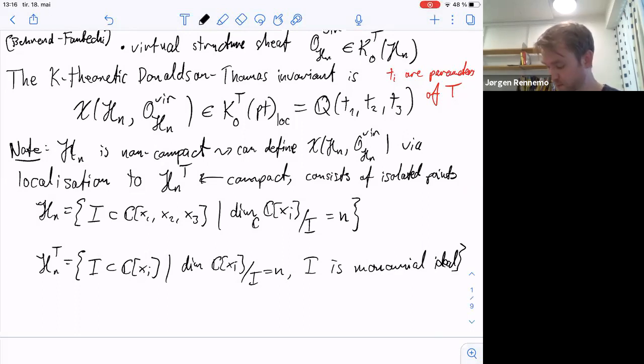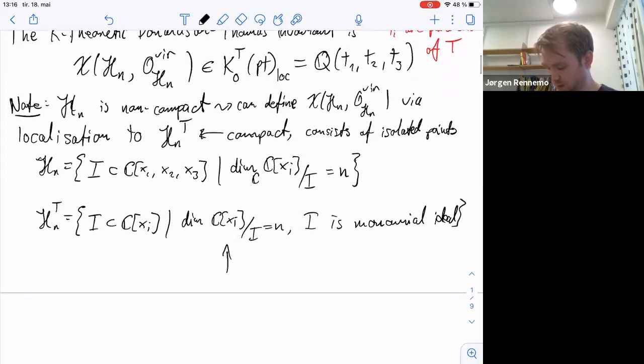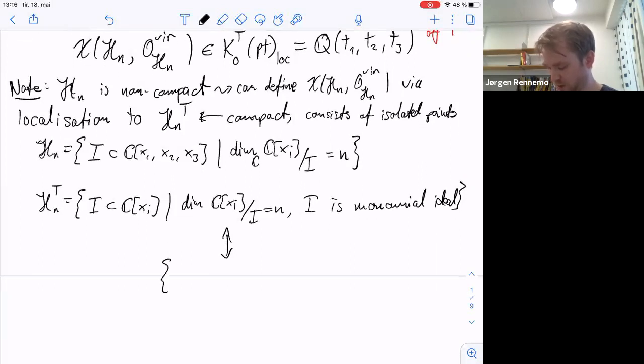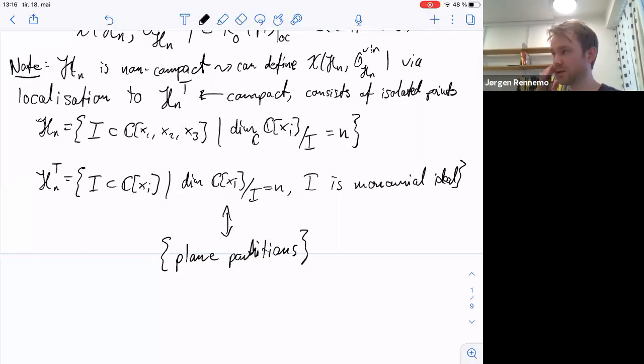Then it's easy to give a combinatorial description of the set of monomial ideals, which is in bijection with the set of plane partitions. I can't draw this, but you can picture it as a stack of n boxes in the corner of a room. So the fixed points are labeled by all the different ways you can stack n boxes in the corner of a room, such that you can't push them further into the corner. That's the simplest way to think of these.